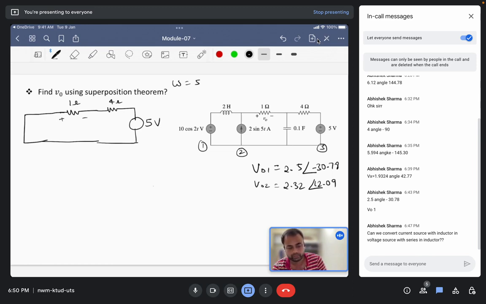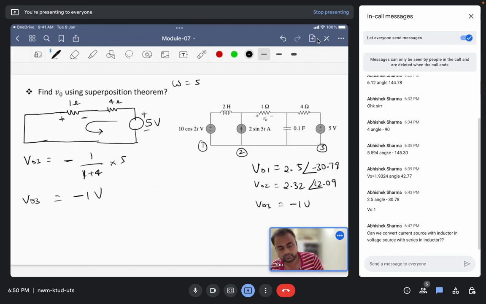The V0 we have mentioned with positive and negative as the convention, but since the voltage polarity is connected like this, the direction of flow will be opposite, so there will be a negative sign. So let us find the voltage V03. We'll use the voltage division rule: 1 divided by 1 plus 4 times 5, so this will be minus 1 volt. So V03 equals minus 1 volt.